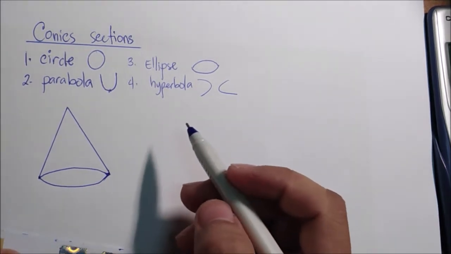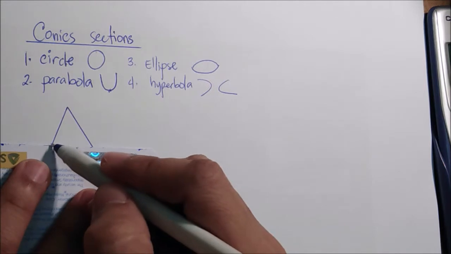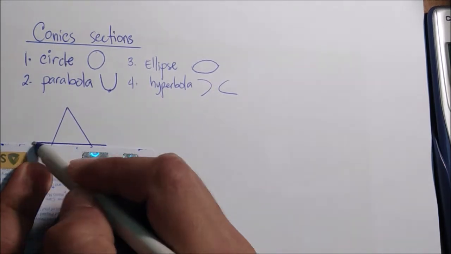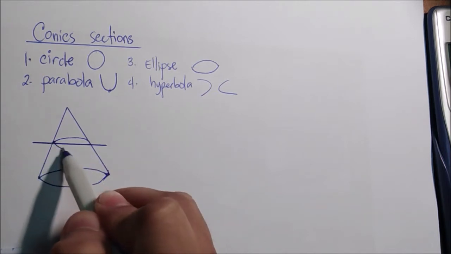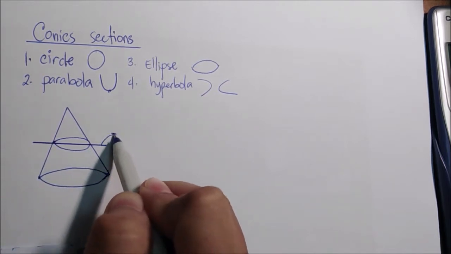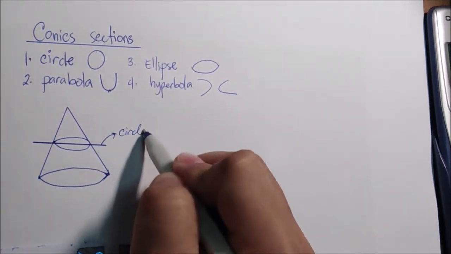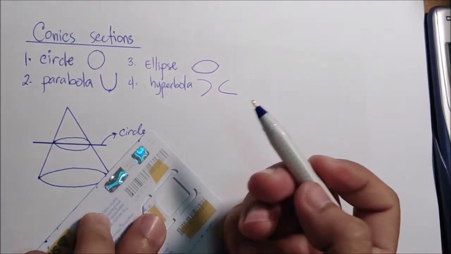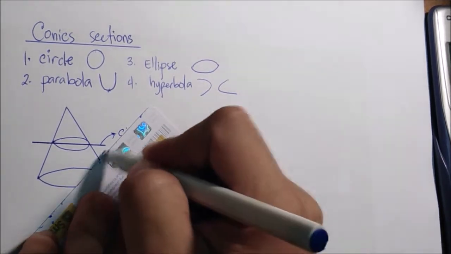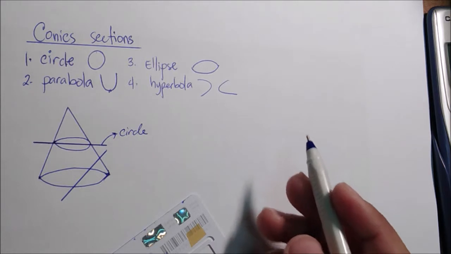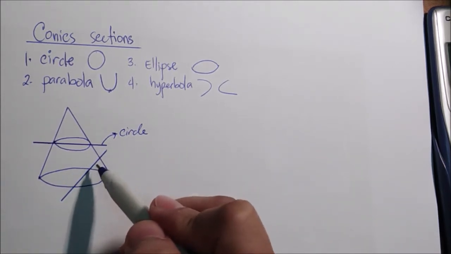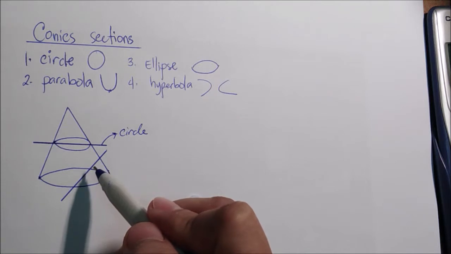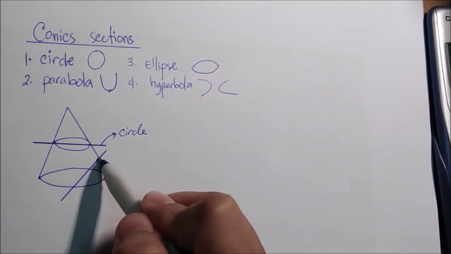If you cut this cone horizontally with a rectangular plane, the section formed is a circle. If you cut this cone like this, the cross section formed is a parabola.